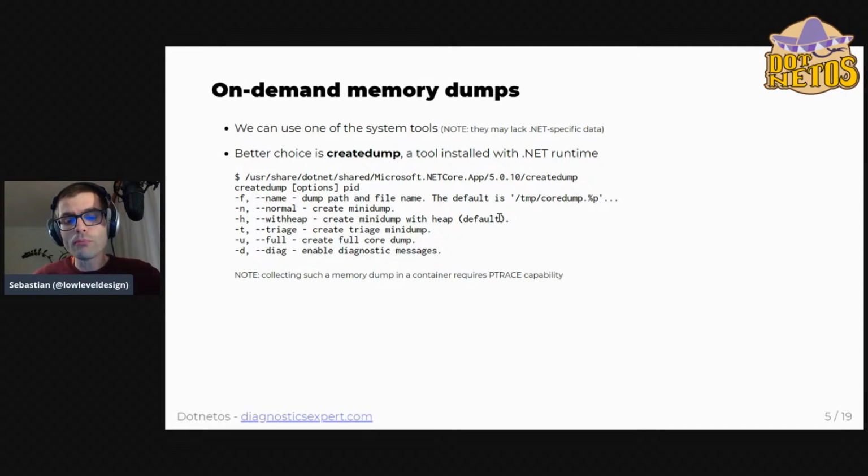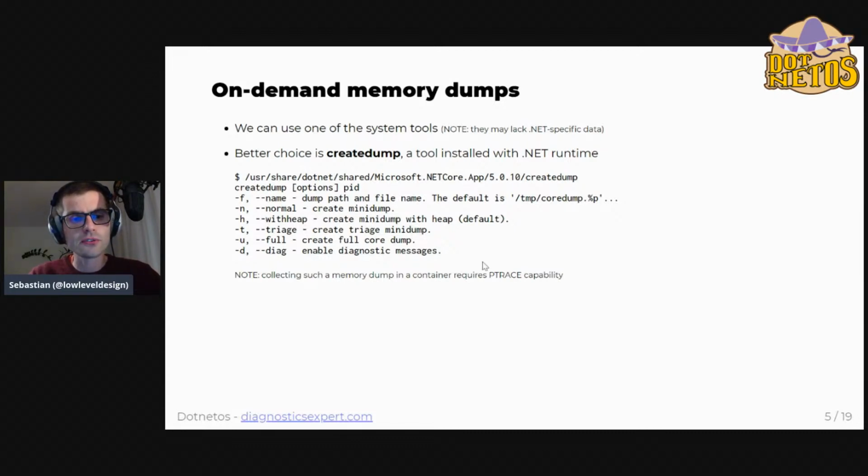The one problem with those memory dumps that are created by the system tools is that they might lack the .NET runtime details, the information about modules or the just-in-time compiled data, although that is usually in a private writable region, so it will be in the dump, but we might lack information about the modules. Fortunately, the .NET team created the createdump tool, which is distributed with the .NET runtime.